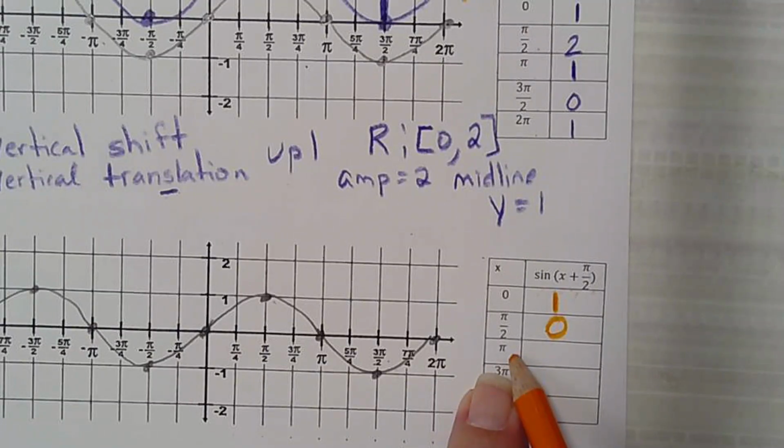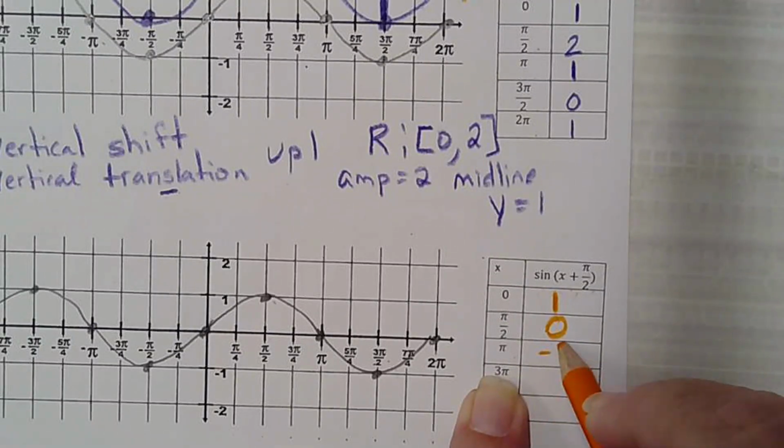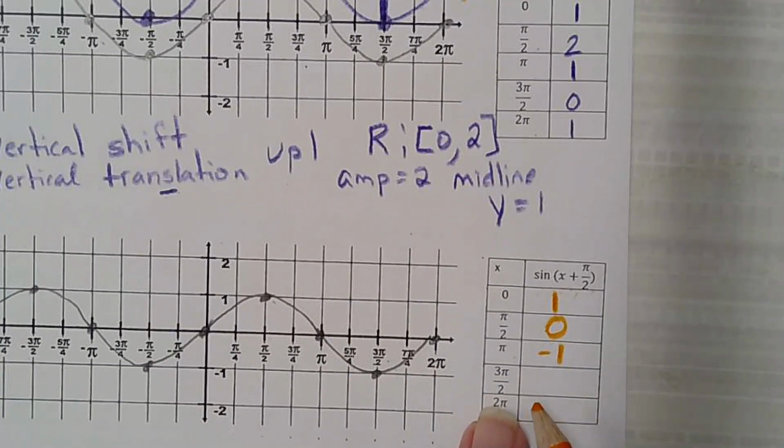All right, so if I take a pi and I plug it in, I'd have pi added with pi over 2. That would be 3 pi over 2. What's the sine of 3 pi over 2? -1. All right, if I plug in a 3 pi over 2, 3 pi over 2 added with a pi over 2 is 2 pi.